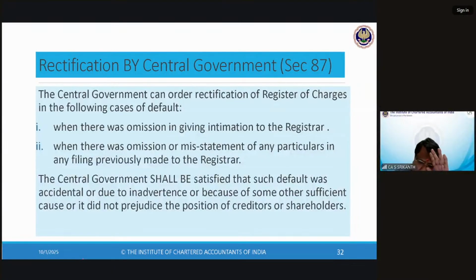Remember, almost all central government officers sitting in certain positions have quasi-judicial powers. Quasi-judicial means they are not court, but they have one important duty that is given to a court, which is they have to ensure the preservation of the principles of natural justice.